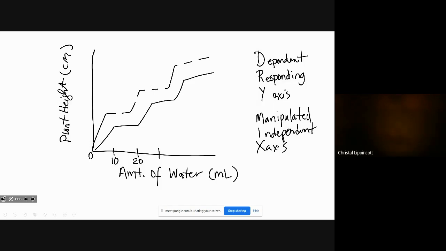Or I can take my data points here, and I could mark each of those data points with a different, oops, this should be a star. I can mark each of those data points with a different thing to correspond to it. So these are dots.